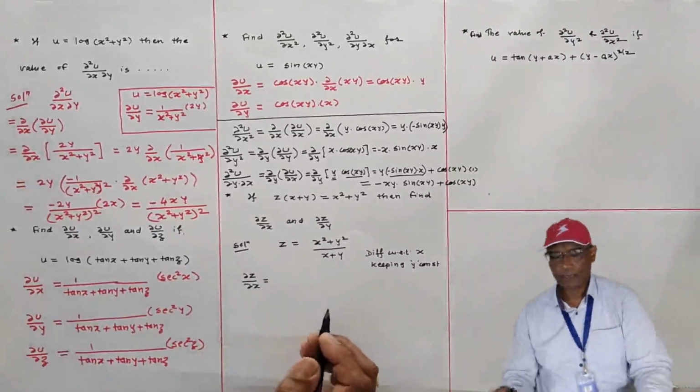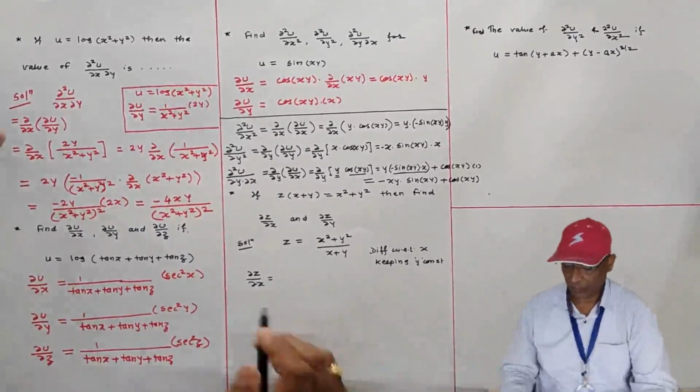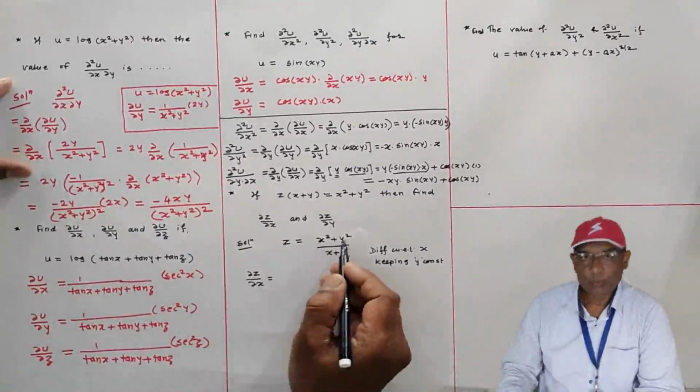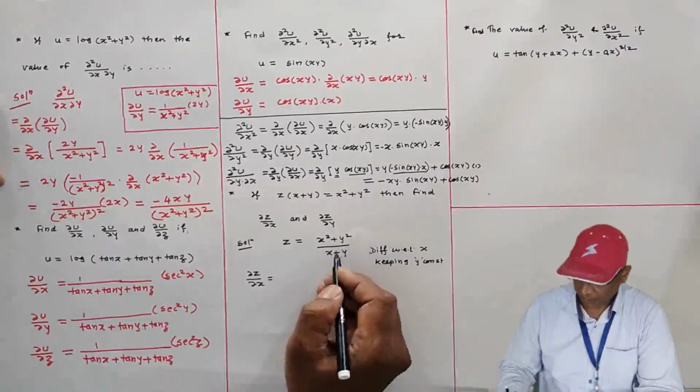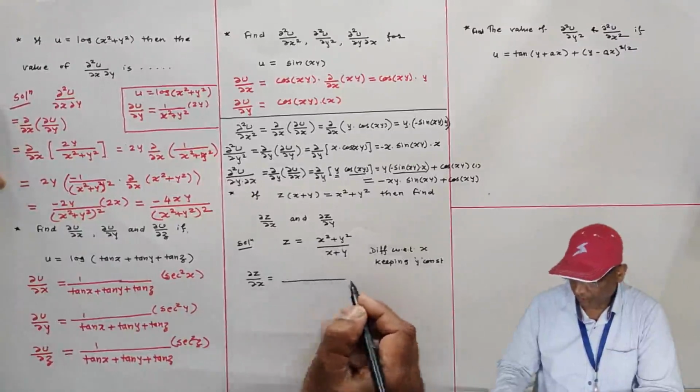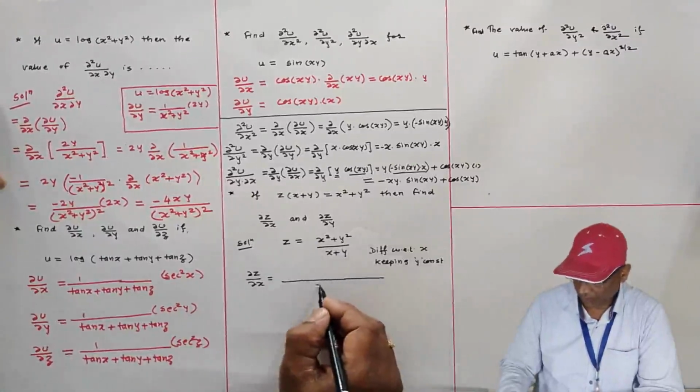See here, if you take the derivative with respect to x, x is present in the numerator as well as in the denominator, so use the quotient rule of the derivative, the u by v rule.